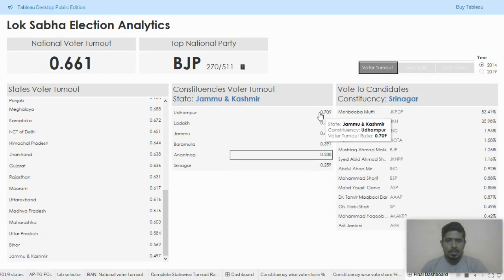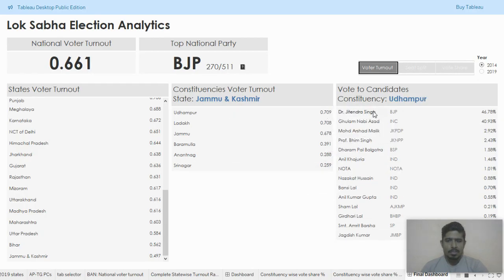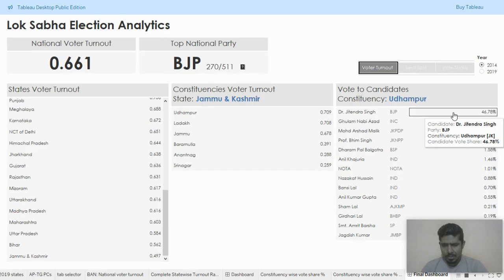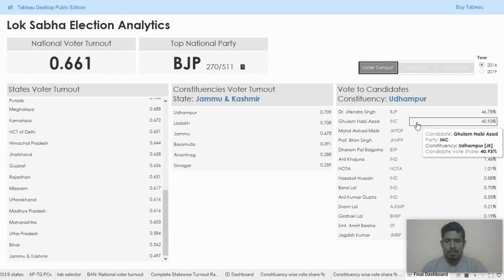If I hover over Udhampur, then I am able to see all the participating candidates from Udhampur constituency. For example, Dr. Jitendra Singh from BJP received 46.78 percent of the total votes of Udhampur constituency, followed by Ghulam Nabi Azad of INC received 40.93 percent of the total votes of Udhampur constituency.